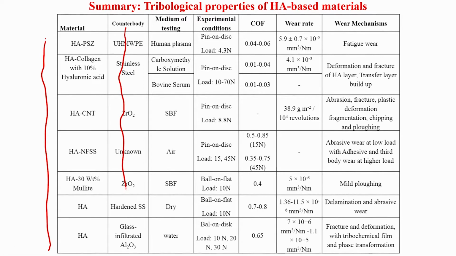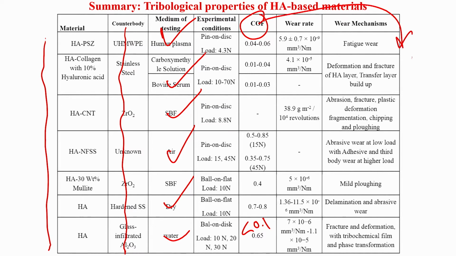High density polyethylene, then zirconia, then glass infiltrated alumina. What are the media of testing? Either plasma or bovine serum or ambient environment or SBF or water. Now, if you look at the coefficient of friction, in most cases the coefficient of friction is less than 0.1.